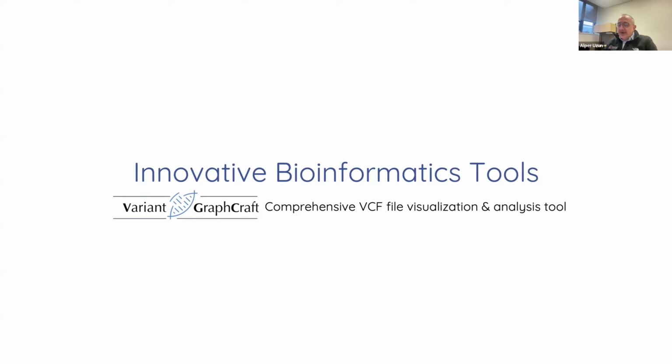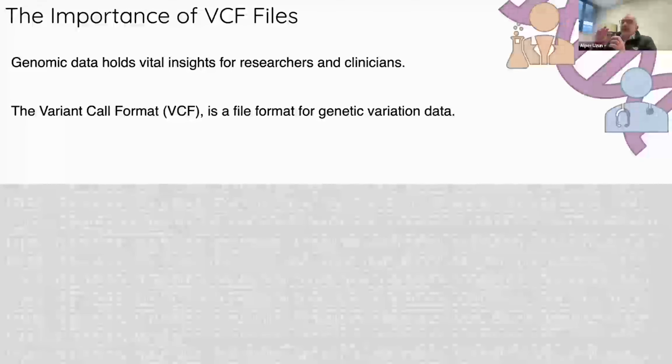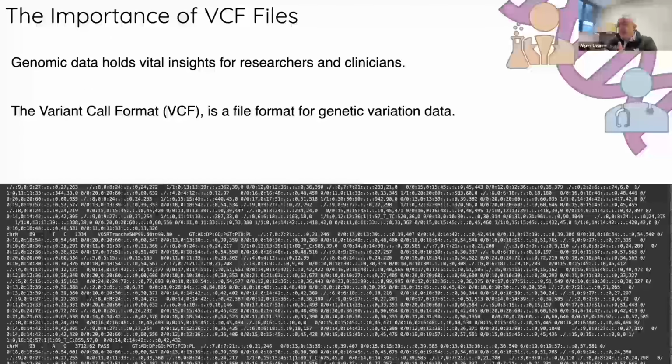What we are dealing with now are VCF files, the variant call format. I just want to talk first about what VCF is. Genomic data holds vital insight for us, right? At the end of the day, when you are dealing with whole genome sequencing or whole exome sequencing, the end file is the VCF, variant call format file. And this is what the file looks like. Quite scary.